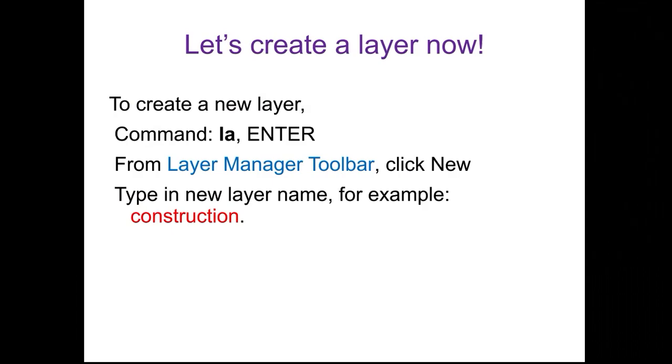Okay, now let's create a layer. To create a new layer in AutoCAD, you simply type LA and press Enter. And the Layer Manager toolbar will appear. Click on New and then type in a new layer name, for example, Construction.